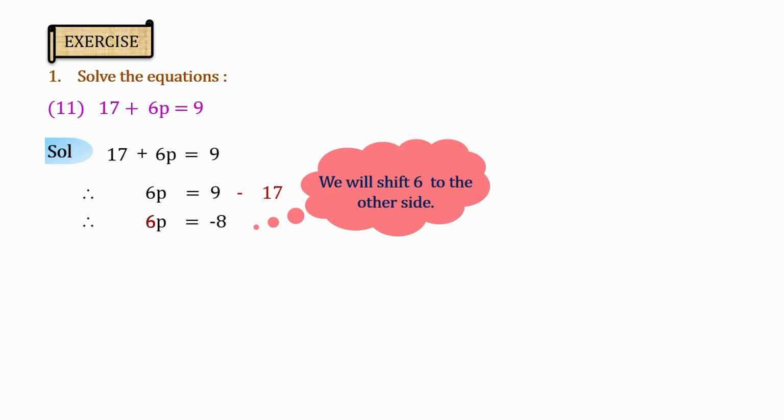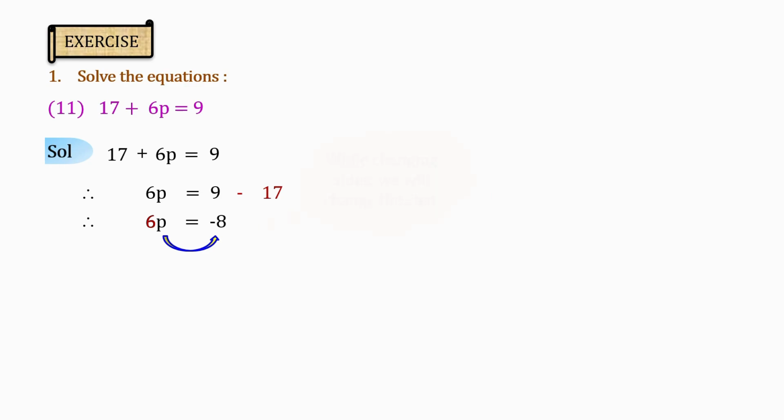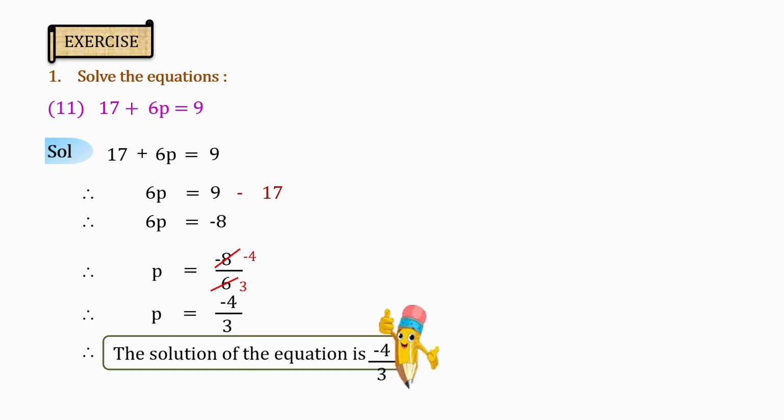And now we are going to shift this 6 to the other side, which will become divided. And now we are going to make the lowest form of it. So p equal to minus 4 by 3. Therefore, the solution of the equation is minus 4 by 3.